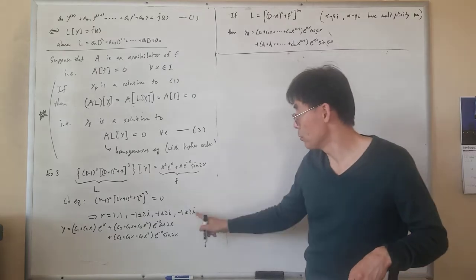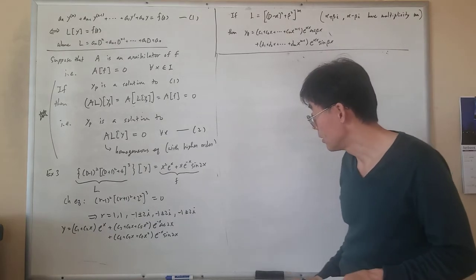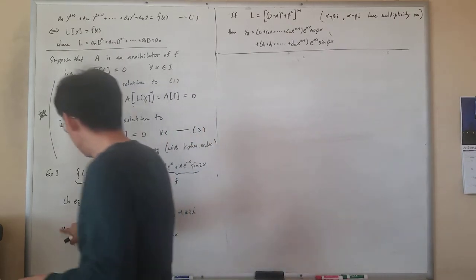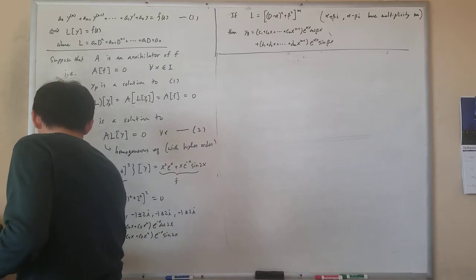A pair of triples, complex conjugate roots. That would be our homogeneous solution, right?